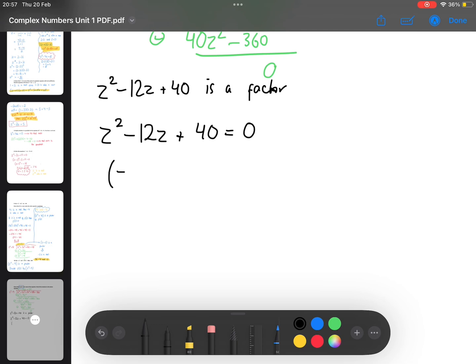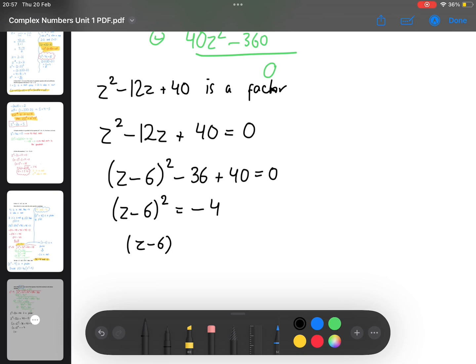So we'll have z minus 6 squared minus 36 plus 40 equals 0. So z minus 6 squared, and we're going to have a minus 4 on the other side. So z minus 6 equals the square root of minus 4, which is plus or minus 2i.